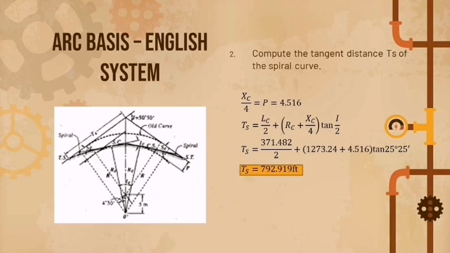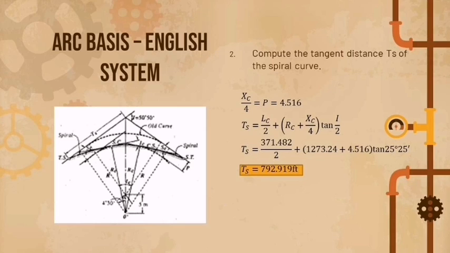And for number 2, compute the tangent distance TS of the spiral curve. Again, XC over 4 is equal to P, and this equals 4.516. TS is equal to LC over 2 plus the radius plus the XC over 4 times tan of the angle of intersection, or I, over 2.